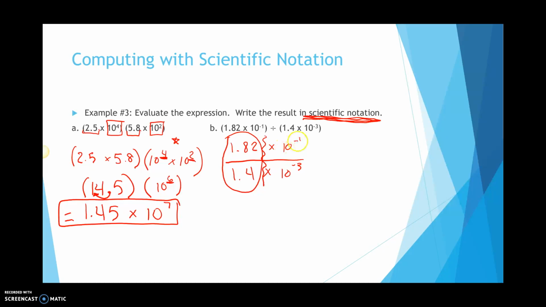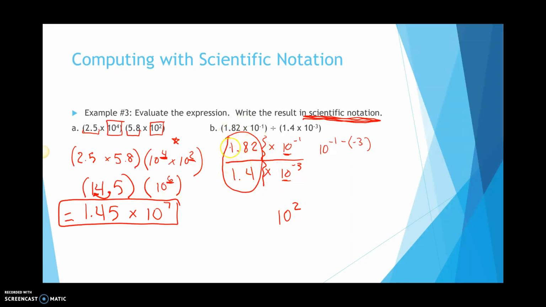But then we have this 10 to the negative 1 and 10 to the negative 3. Since we have like bases here, we can subtract the exponents. So we can think of this as 10 to the negative 1 minus a negative 3. Negative and negative become positive, so that's negative 1 plus 3, which gives me 2. So that's 10 to the 2nd power.